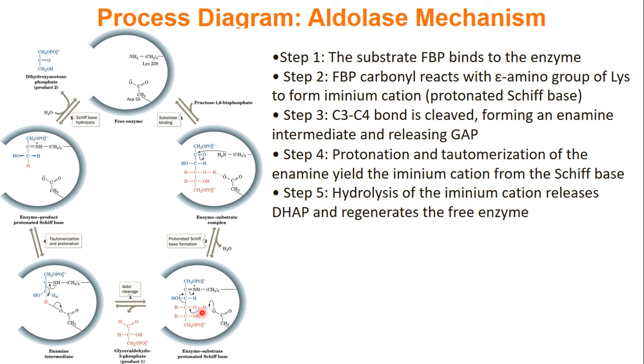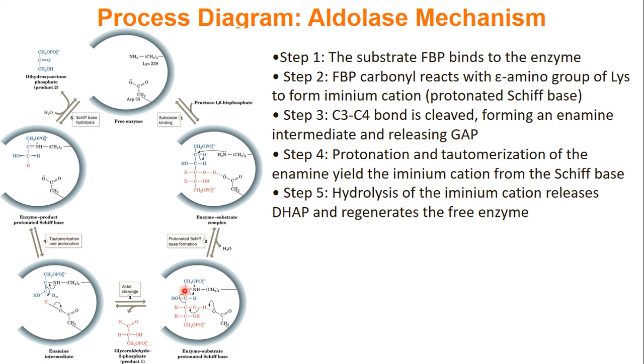And what actually happens now is that our aspartic acid will take the hydrogen off of carbon 4. This will allow our oxygen that was on carbon 4 to form a double bond with our carbon, then the bond between carbon 3 and carbon 4 is now broken.